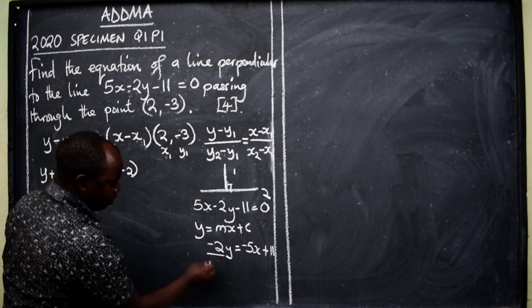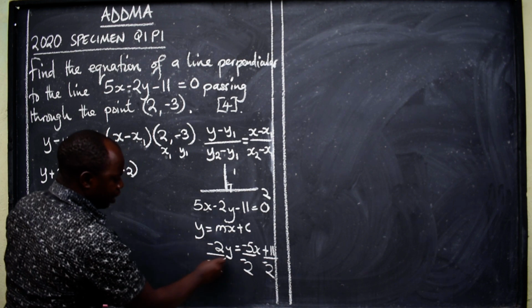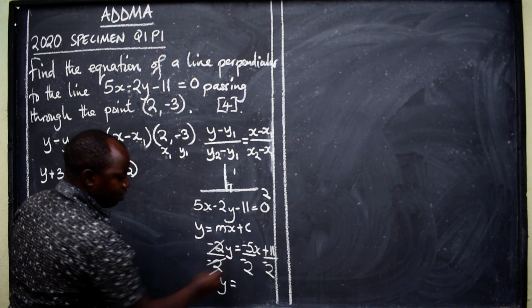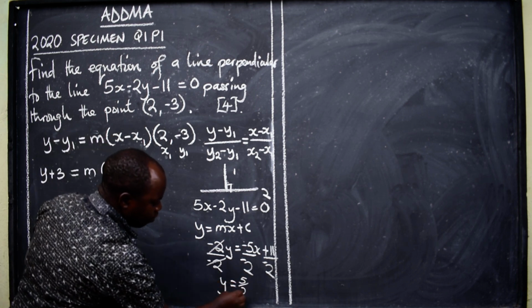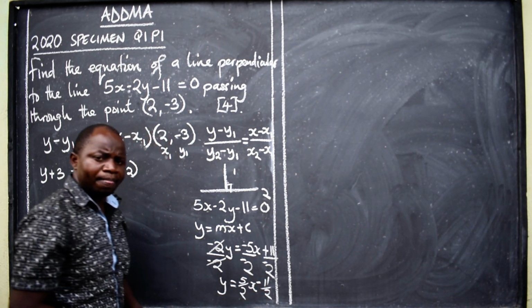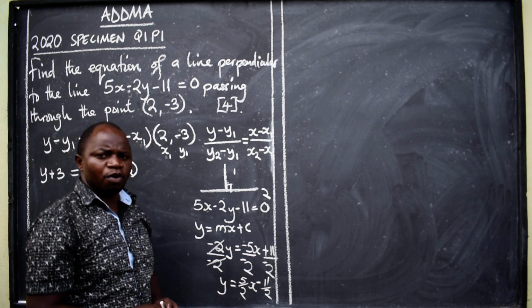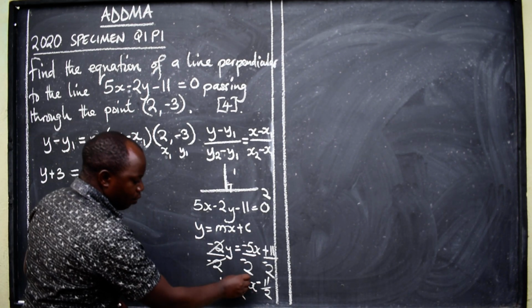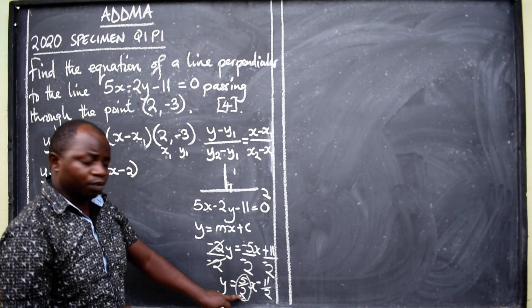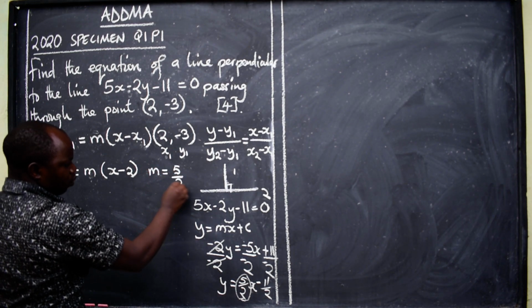To remain with y, divide by negative 2 on both sides, so that I cancel this. I'll remain with y is equal to, the negative negative will go, 5 over 2 x and then minus 11 over 2. Now that y is made the subject of the formula, the coefficient of x here will be my gradient, which is now 5 over 2. So now I'm going to say m is equal to 5 over 2.